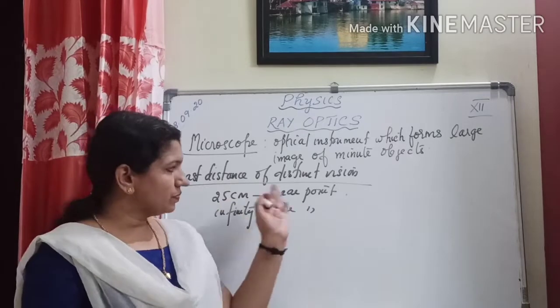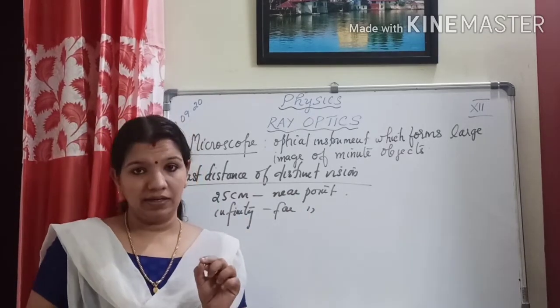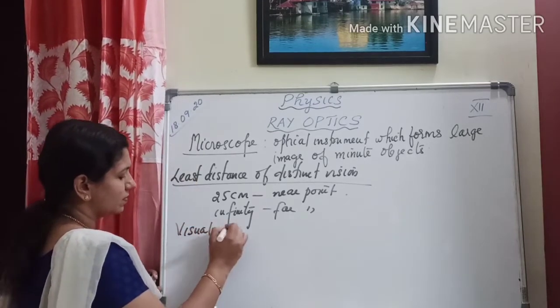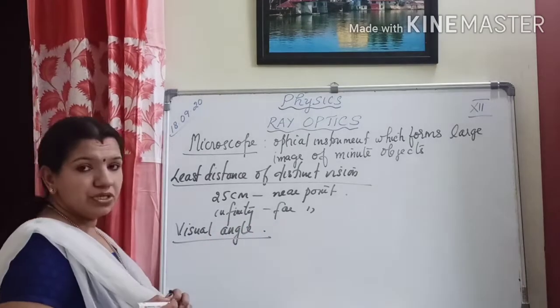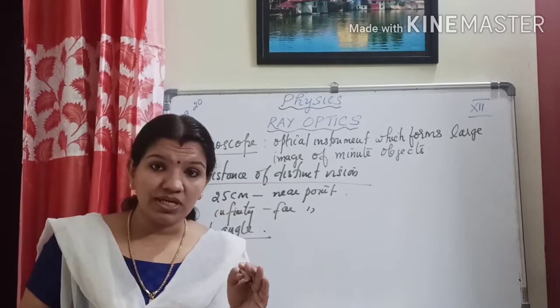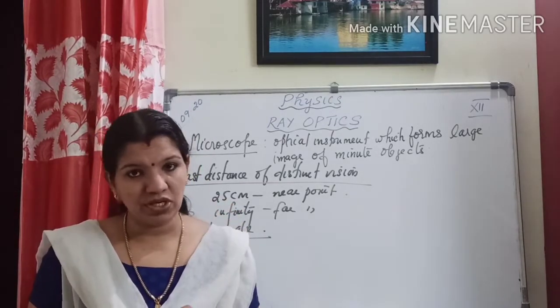Okay. Now another term that you have to study is visual angle. What is that? Visual angle means the angle subtended by the object at the eye.